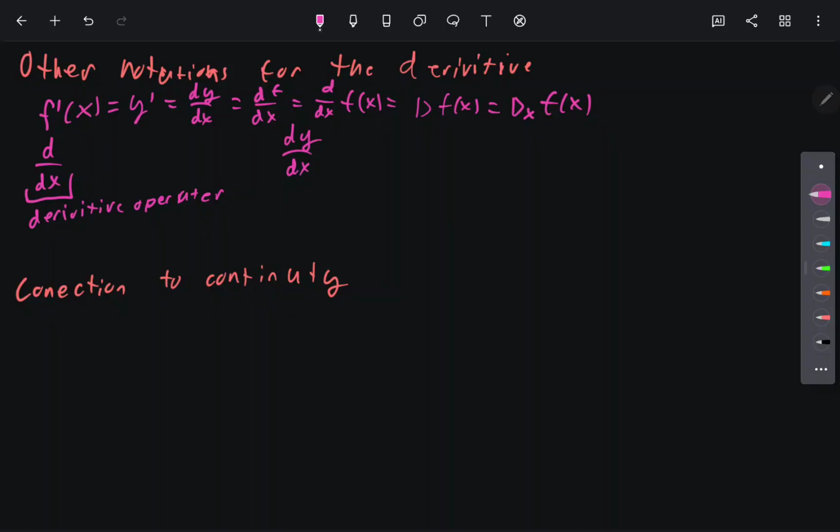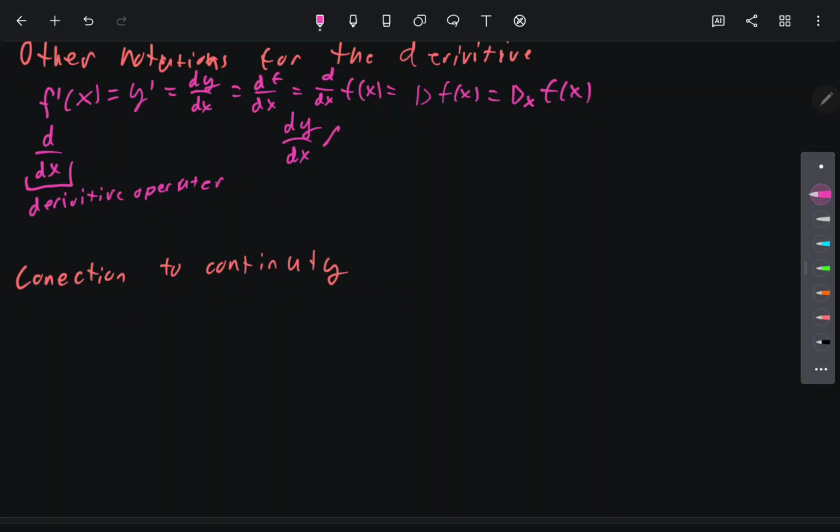Well, who derived this notation? This notation is called Leibniz notation. I'm already starting to butcher his name. Leibniz. A very, very credited mathematician. And this is actually an interesting fact for you: Newton and Leibniz both invented calculus independently.